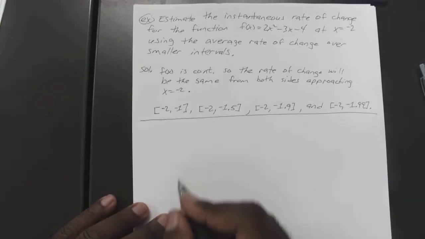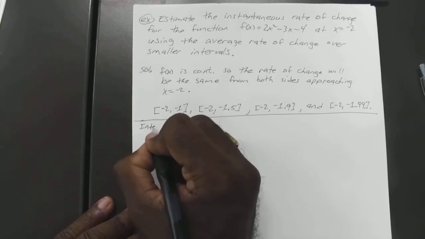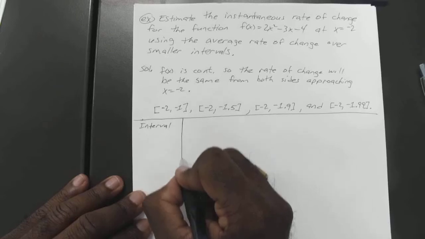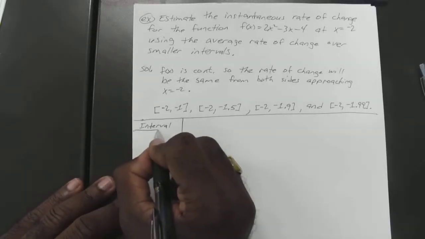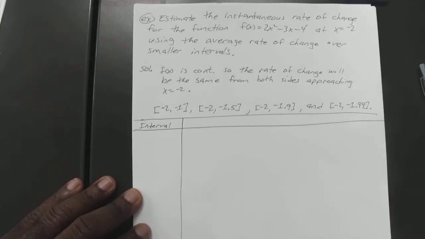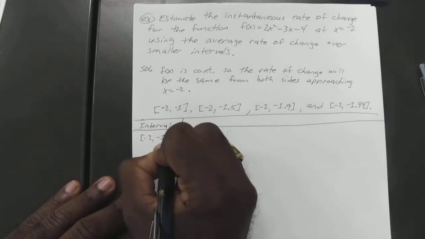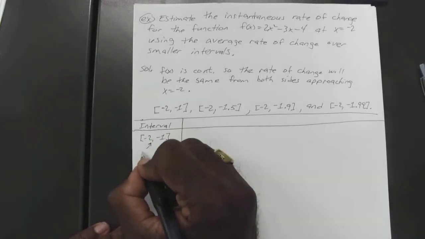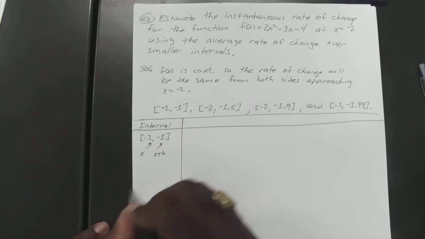Okay, so this interval will be for -2 to -1. In this case, this will be your x, and this will be your x plus h.